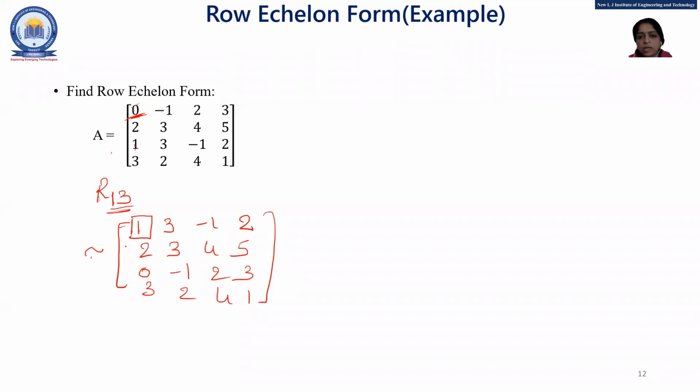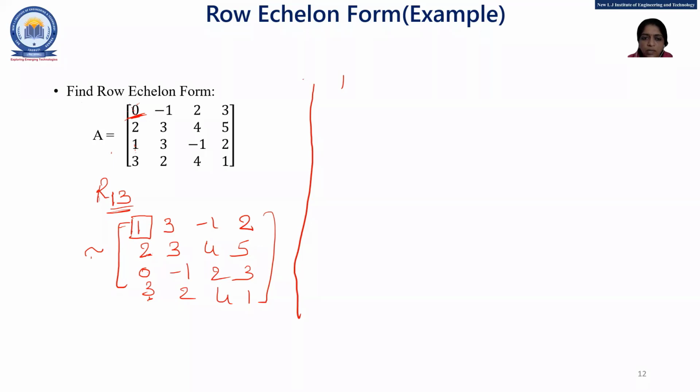Now, what should I do? All elements below the leading element must be 0. For that, my next step: I have to convert this 2 into 0 and this 3 into 0.